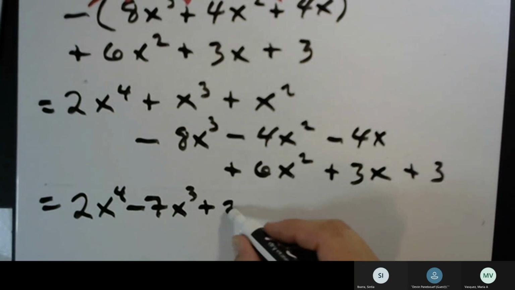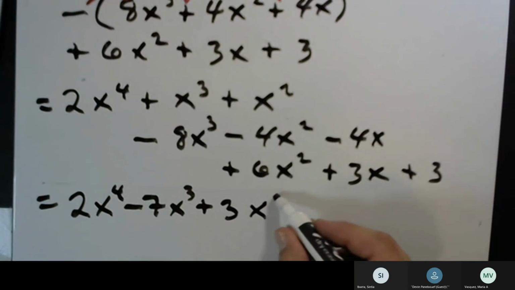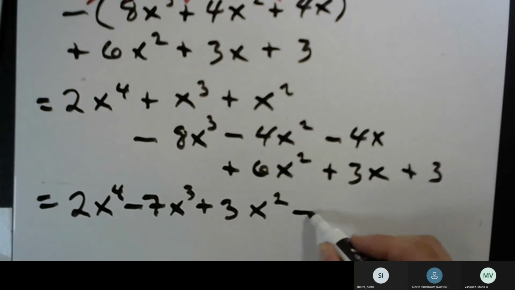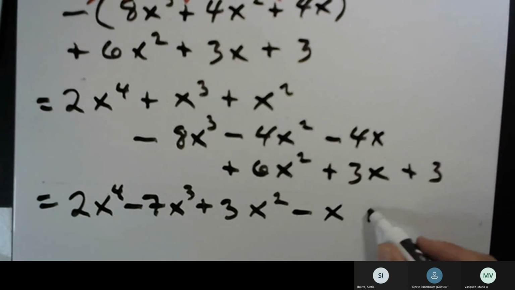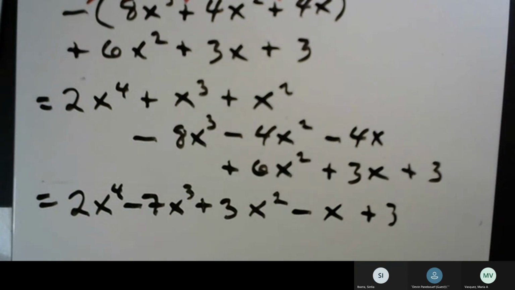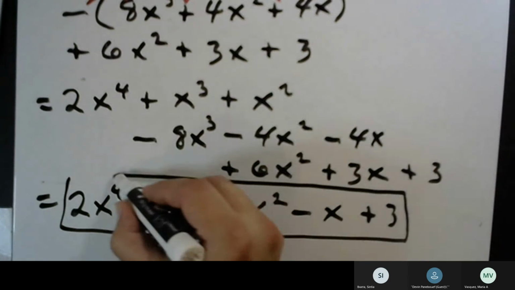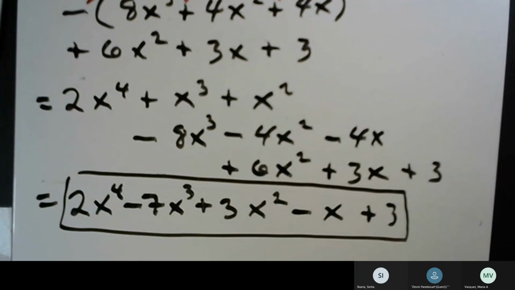That's going to be 3. So you get 3x squared. Negative 4 and 3 is minus x, and then plus 3.